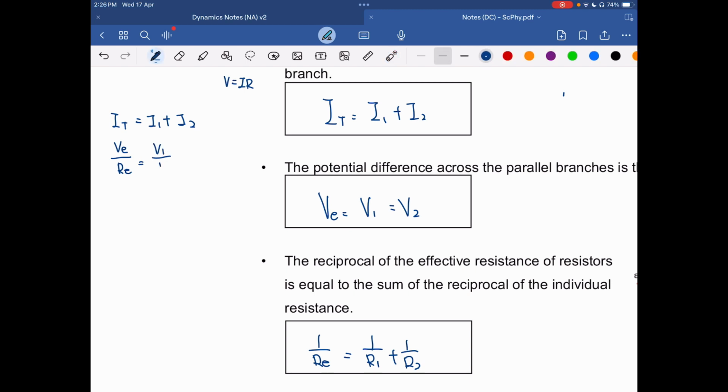So this is equal to V1 over R1 plus V2 over R2. Now since the VE is equal to V1 and V2, I can substitute inside. Since these are all the same values, I can just divide VE on both sides of the equation. So when I divide, it just gives me 1 over RE equals 1 over R1 plus 1 over R2.